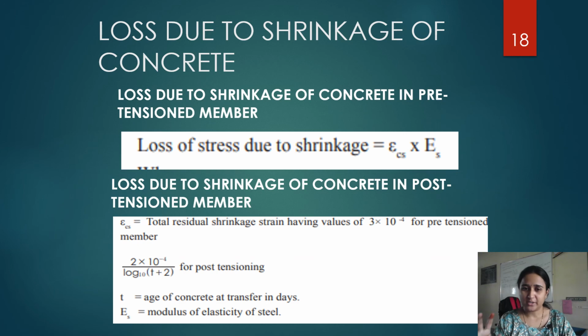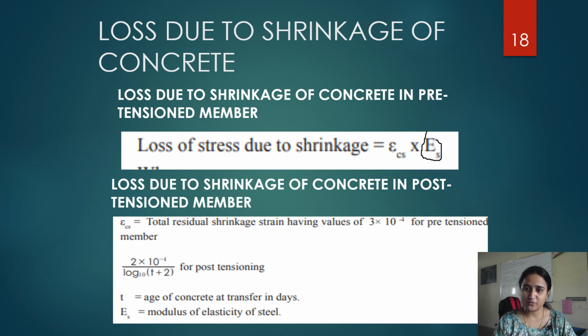So in simple words, loss due to shrinkage in a pre-tensioned member equals 3 into 10 raised to minus 4 into ES. And in a post-tension member, that loss is calculated as 2 into 10 raised to minus 4 divided by log to the base 10 (t plus 2), into ES.